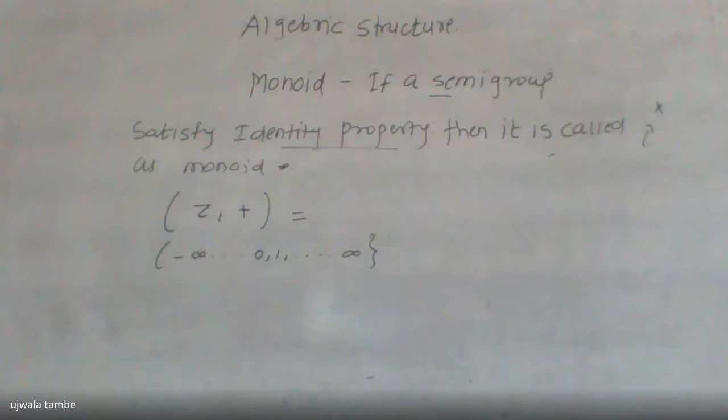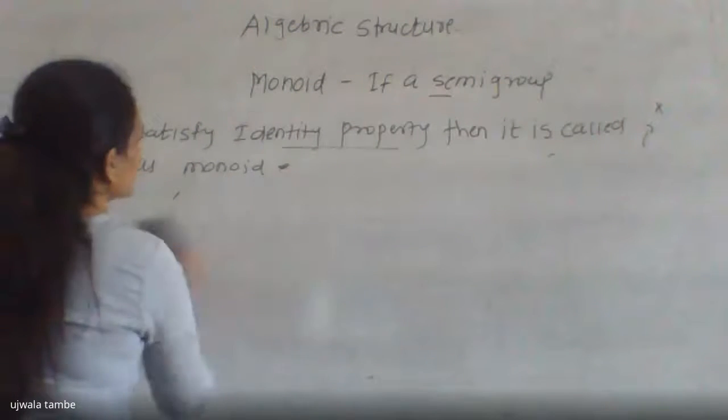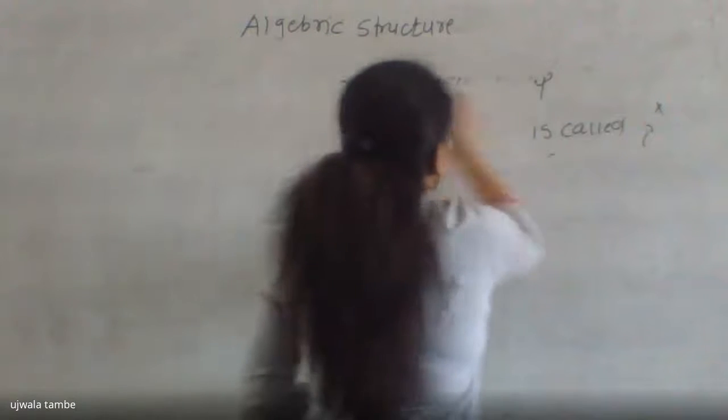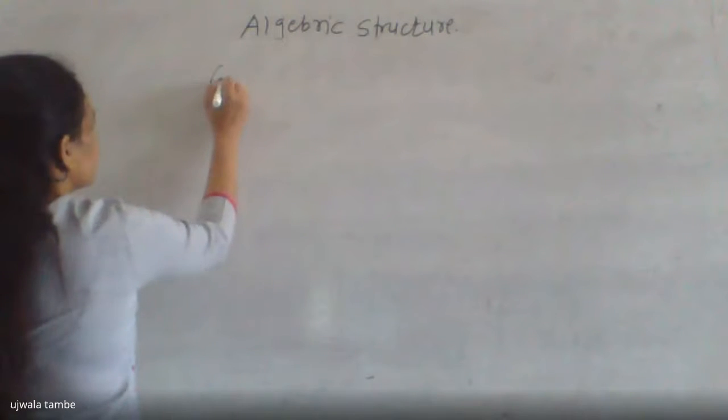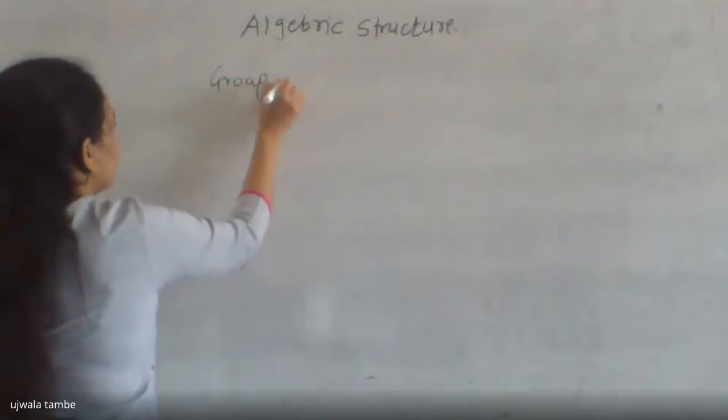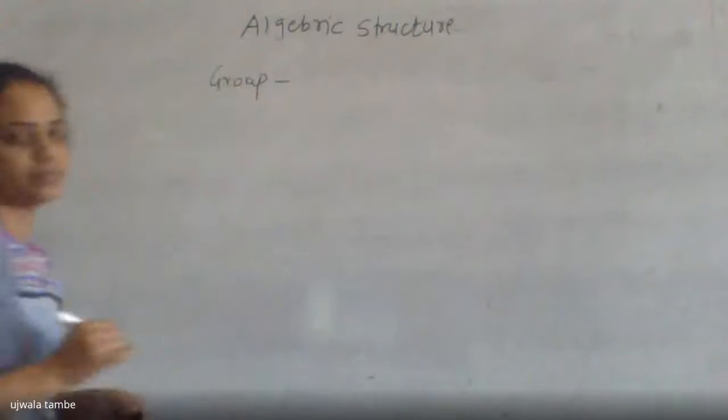Then next is group. The next property is group. So first write down the definition of group.